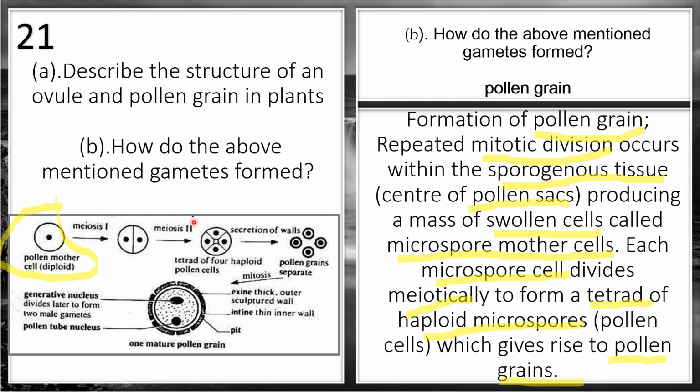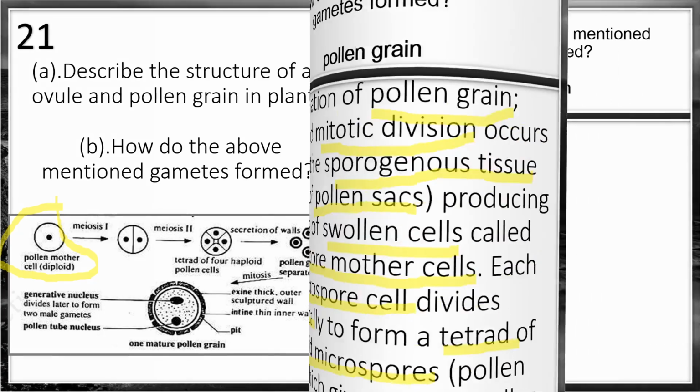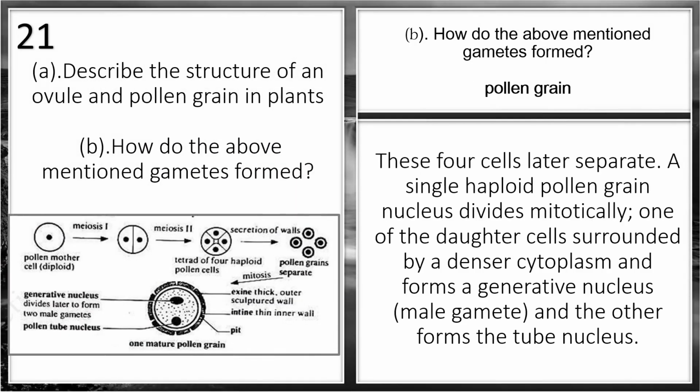All of them are haploid. And then these ones will secrete walls around themselves, and each one will turn into a pollen grain. These 4 cells later separate.